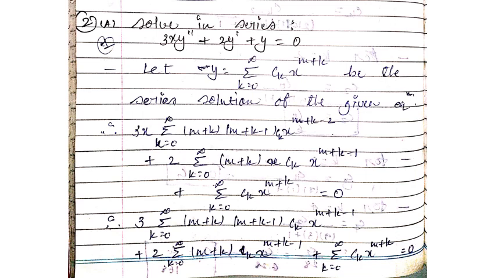For that you have to make the form y double dash plus p of x into y dash plus q of x into y equals 0. Then after that you have to find p of x and q of x, and take their denominators. In the denominator you have to put x equals 0. If it becomes 0, then it will be singular. If it is not 0, then it will be ordinary points.